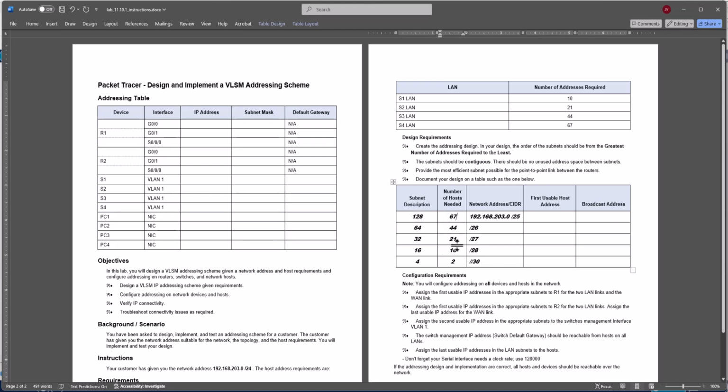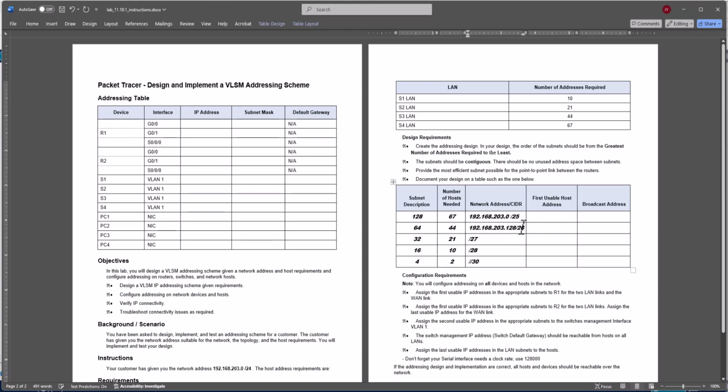No, it consumes 67. No, the block size of 128 is the size of the cardboard box we had to select. That size is what we're going to count by. If we start at .0 and we consume 128 addresses, that's 0 to 127. The next network could only start at 128.